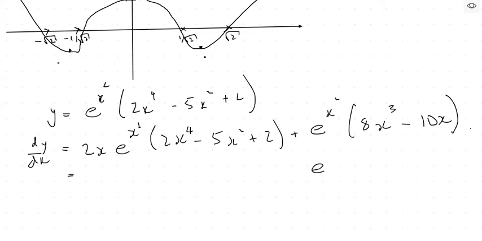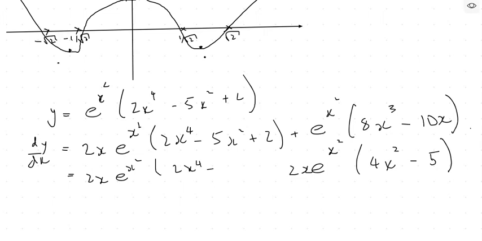Right, I'm going to pull an x out of this one squared. In fact, a 2x out of this one. So I've got 4x squared minus 5. Yeah? 2x e to the x squared, 2x to the 4 minus 5x squared plus 2. Okay, and now I can pull out 2x e to the x squared out of both of them.